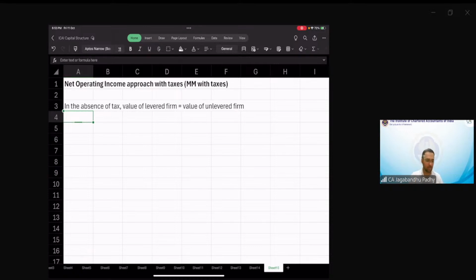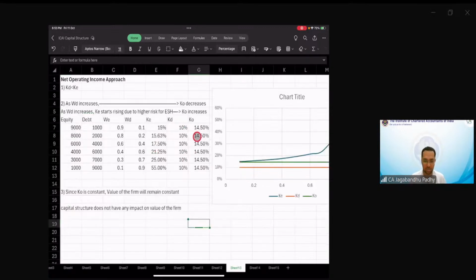Even if the company has debt or doesn't have debt, the value remains the same because your KO remains constant. This is what we discovered in the net operating income approach.